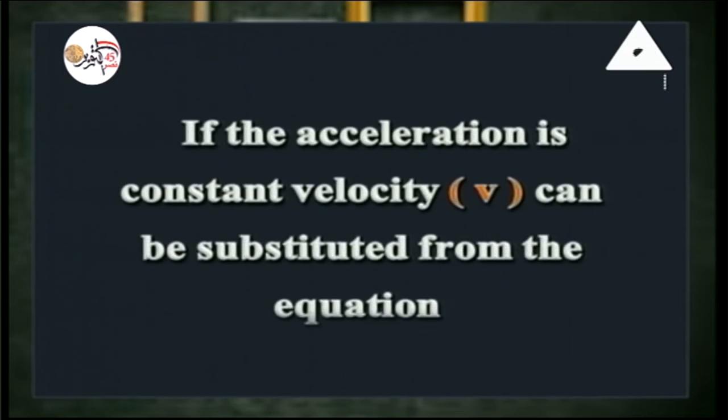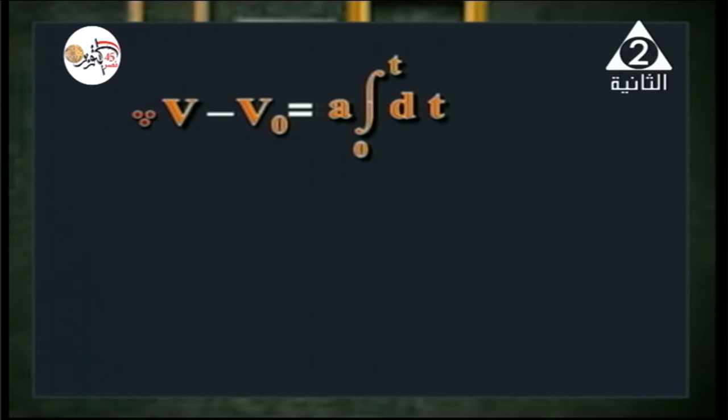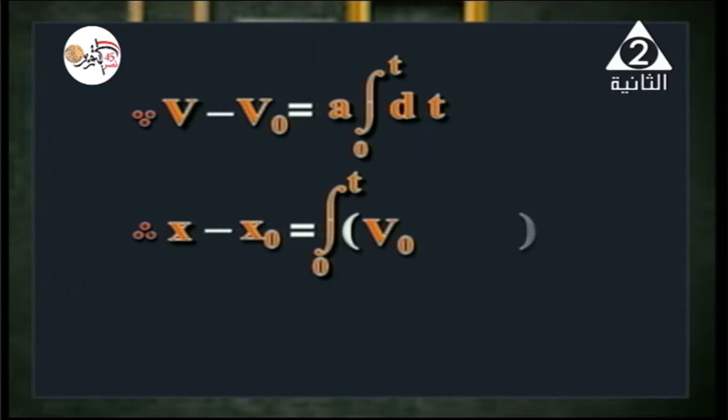My dear student, if the acceleration is constant, velocity v can be substituted from this equation. Look, when substituting, v minus v naught equals the acceleration, this constant, times the integration from 0 to t of dt. Therefore, my dear student, x minus x naught equals the integration from 0 to t of v naught plus at dt.